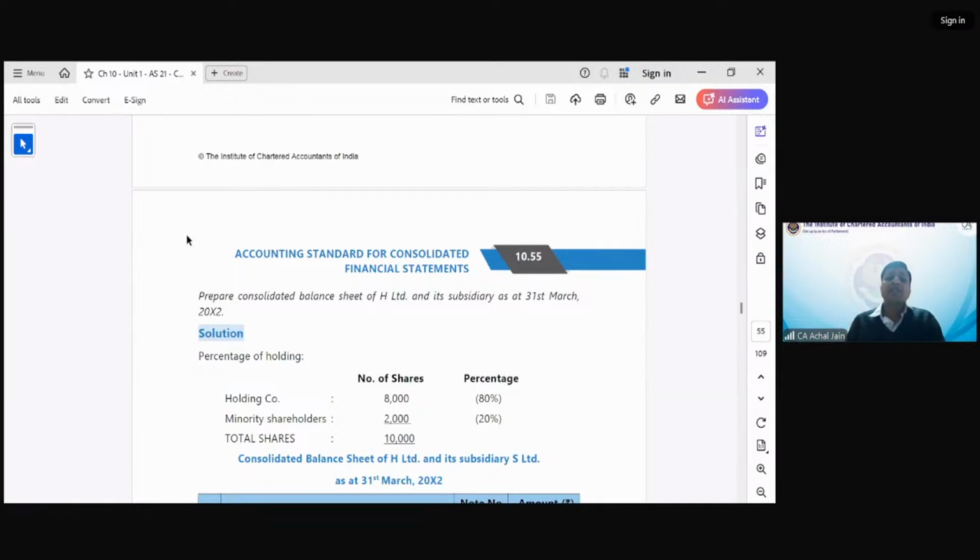It requires you to prepare the consolidated balance sheet as at 31st March X2. Over to you quickly. I'll just wait for a minute or two. You may also help me with the amount of goodwill or capital reserve, whatever you compute. That is also an important part.